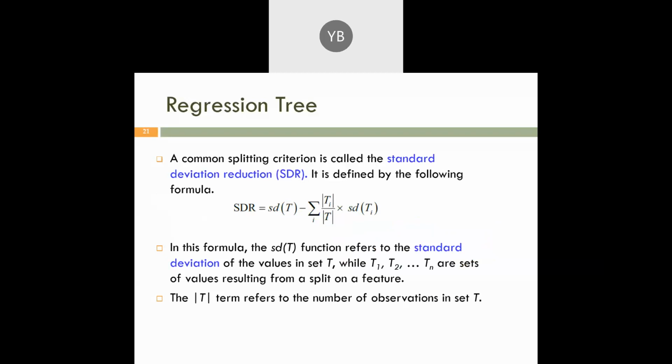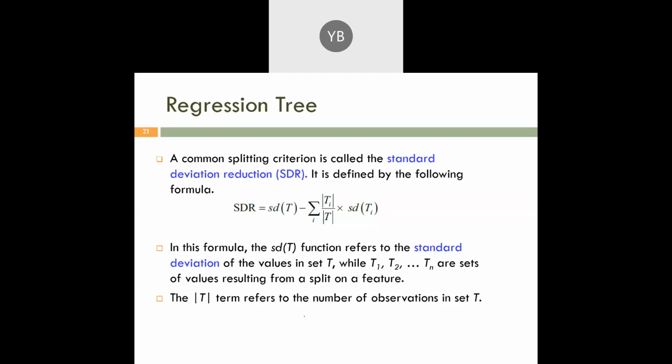The formula used by the regression tree is that we want to reduce the standard deviation. If we have a small standard deviation, it means all the values fall under very similar values.